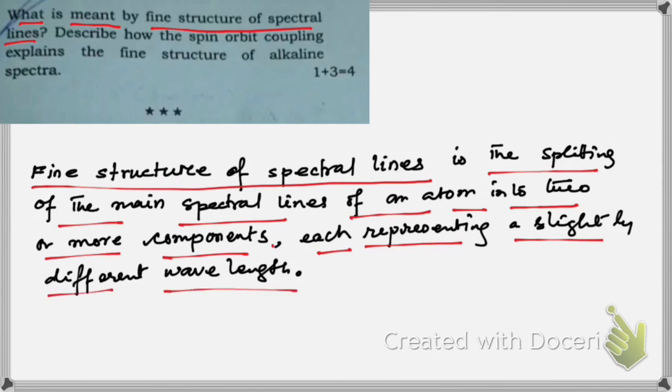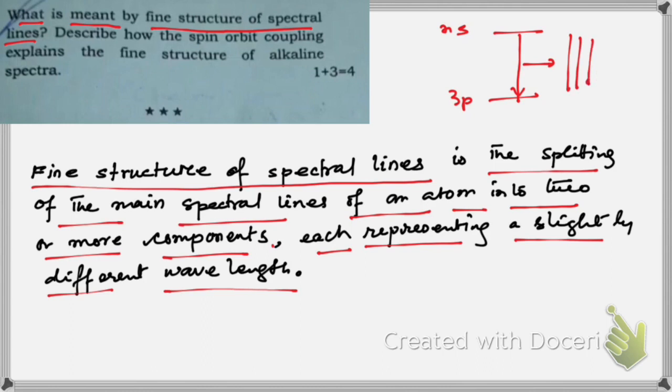Suppose, let me take an example. Suppose a transition is taking place from an s orbital to 3p orbital. This is the main spectral line. Now you see, due to spin orbit coupling, we will get 2 or 3 components of this line.